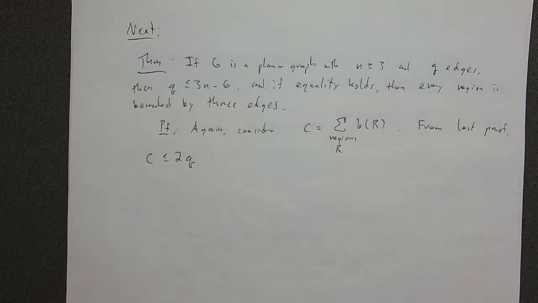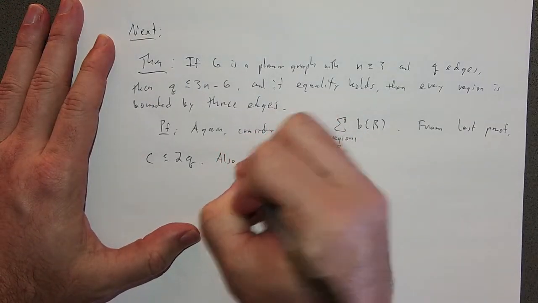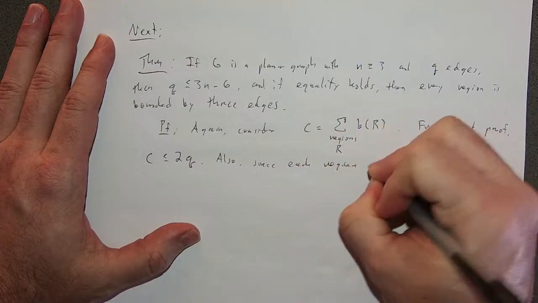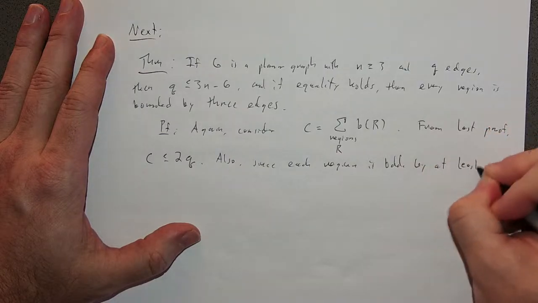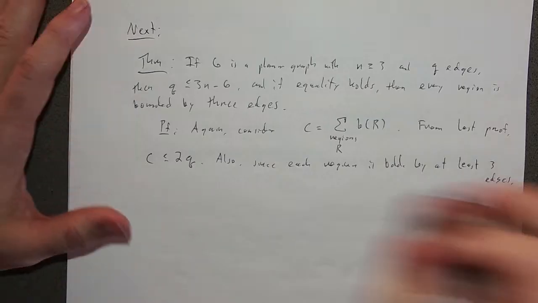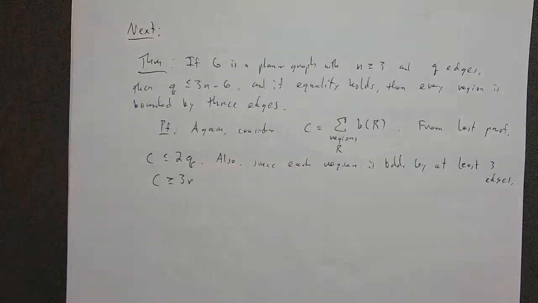Now, since a region is bounded by at least 3 edges and not less, we know that C is greater than or equal to 3 times the number of regions.